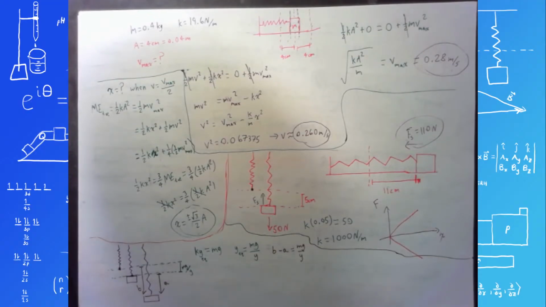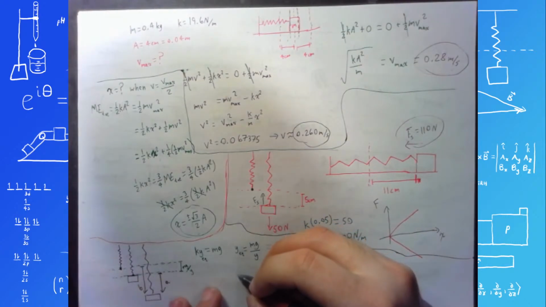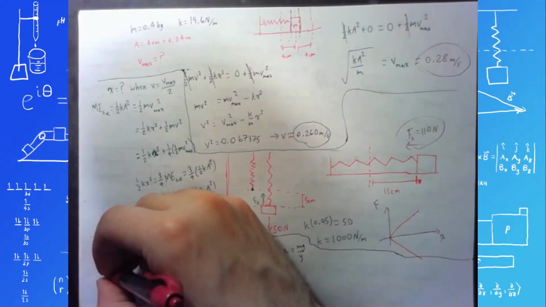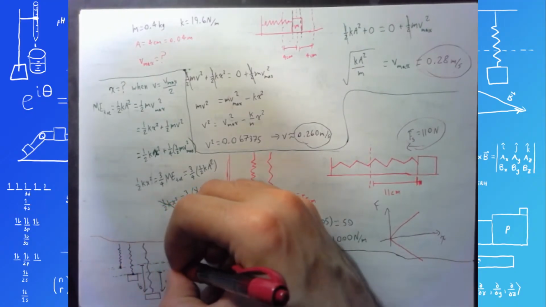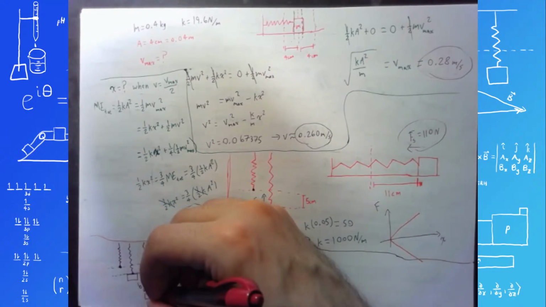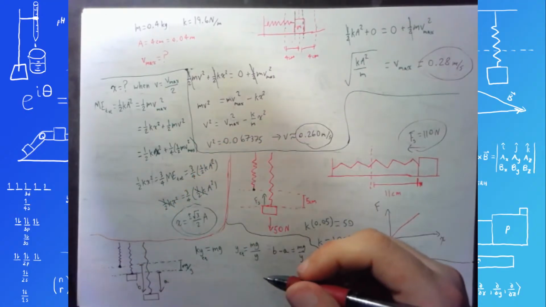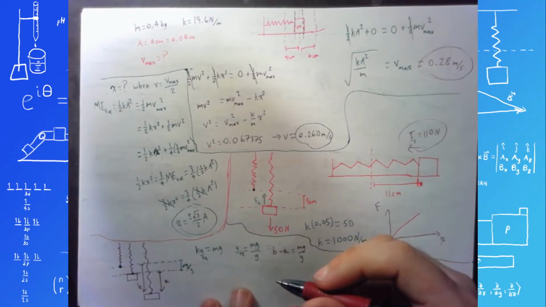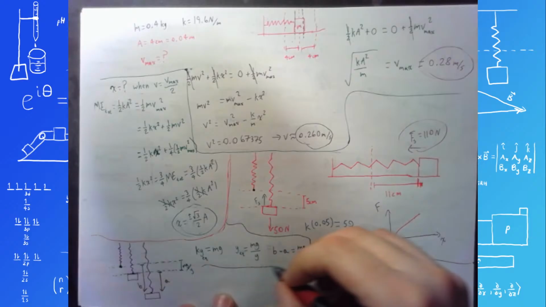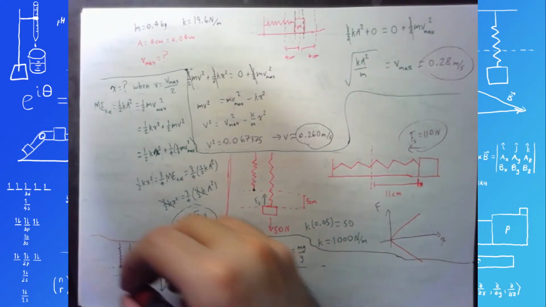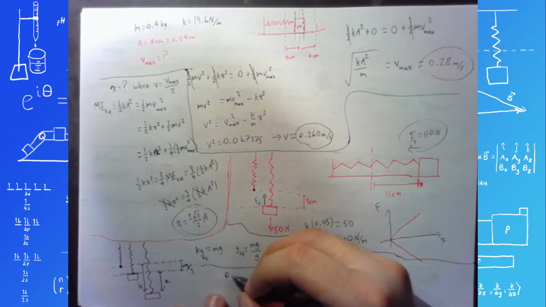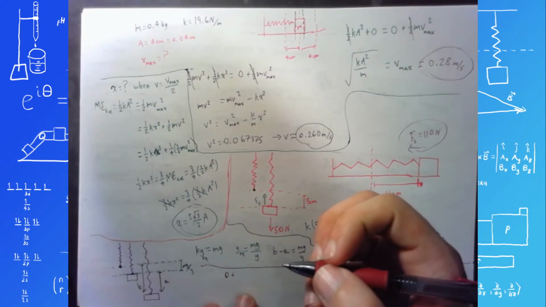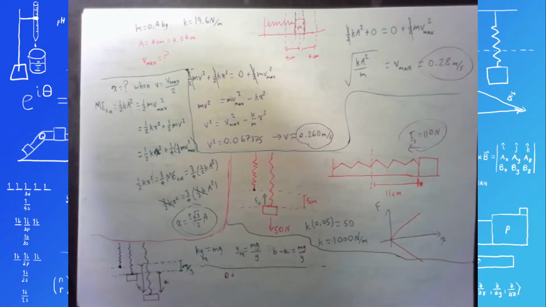mechanical energy conservation equation. I'm going to say elastic potential energy up here. I'm going to compare this position with this bottom position. And I'm going to say 0 elastic potential energy plus, oh, actually wait, would that even work?